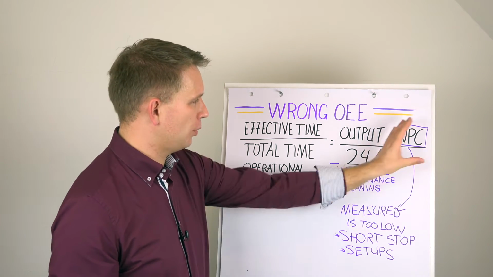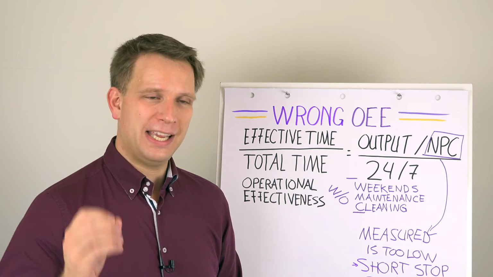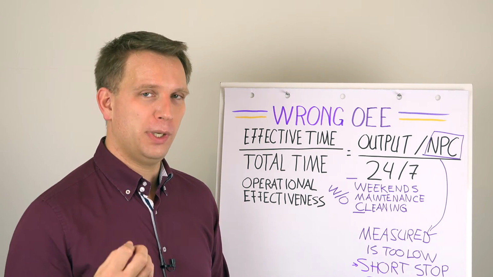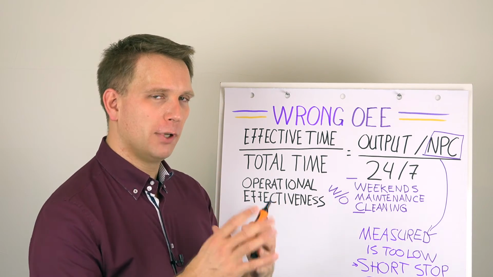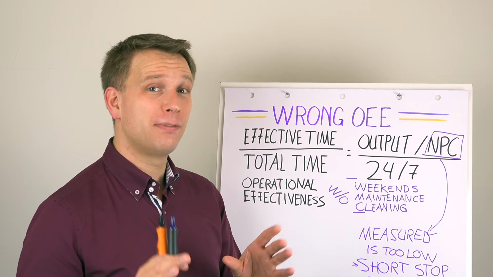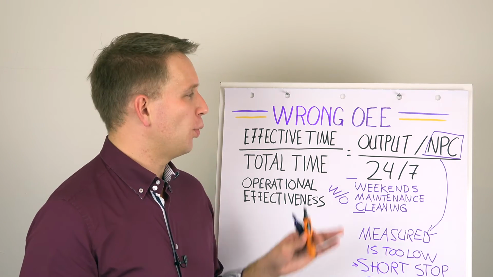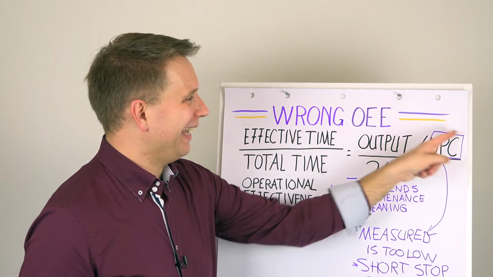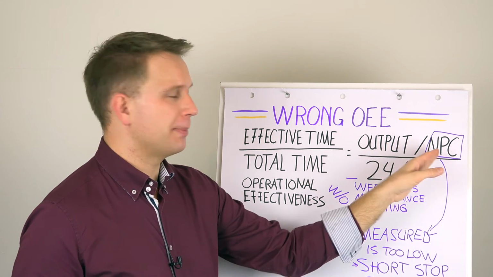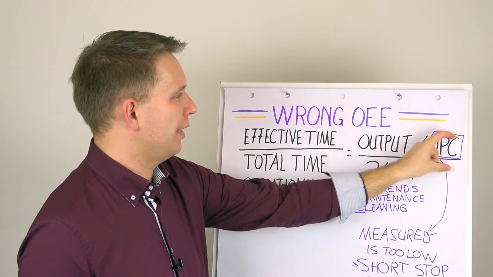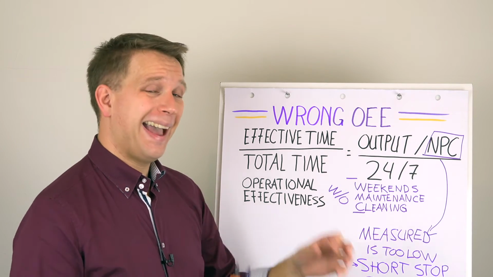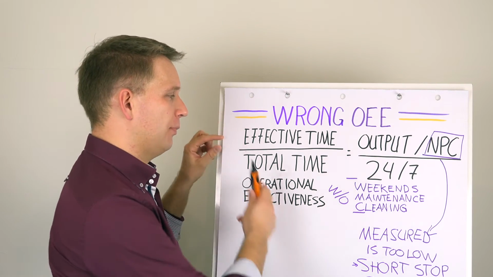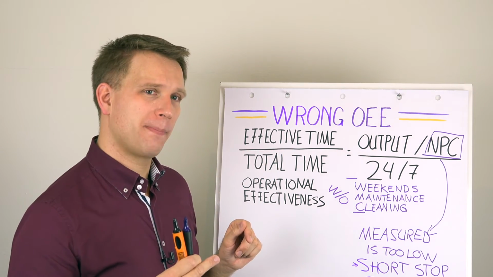Now, the other part with the nameplate capacity, if you have this problem with a pre-existing OEE registration and something in that short stop speed loss thingy is not going well, leave speed losses open. So what you will see is to get to this calculation, the output times NPC, so we have a calculated effective time through what we put out, and we have a calculated effective time from the total minus all the losses.